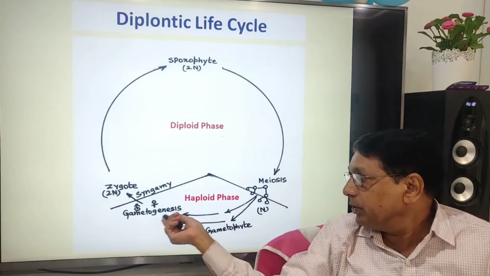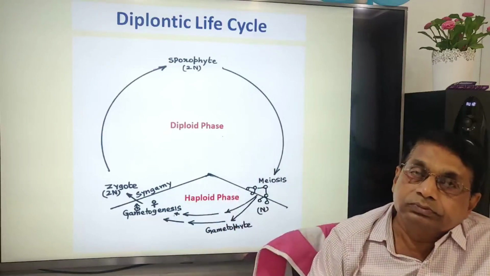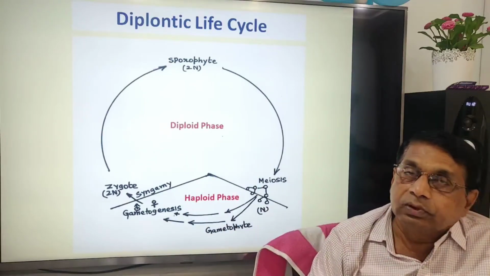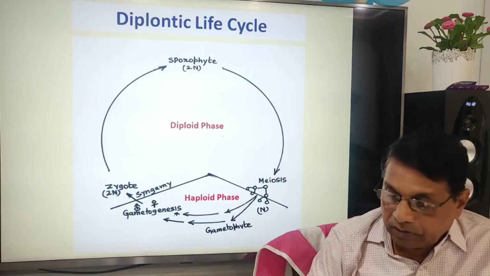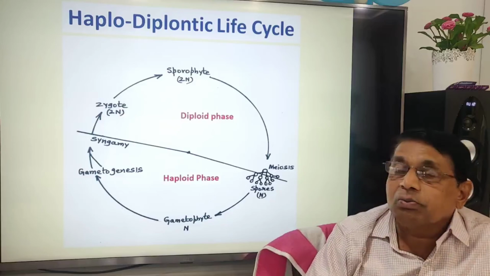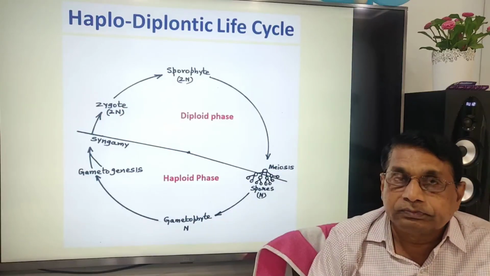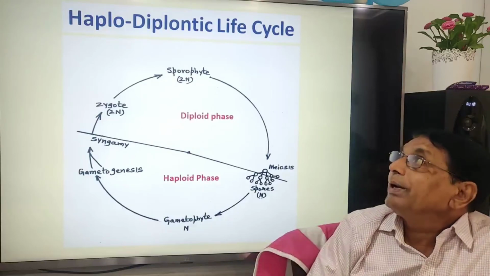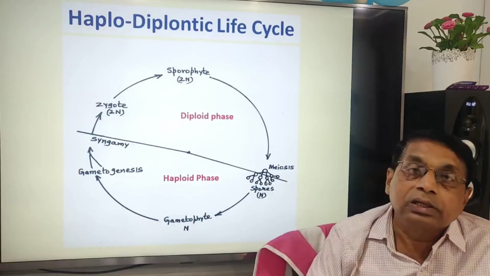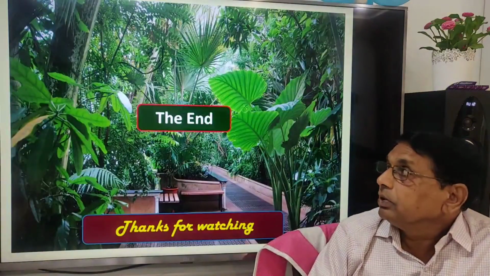The haploid phase is confined to gametes, gametophytes and gametes. Quite opposite to haplontic. Then third, haploid and diploid phases are almost equally distributed. Haplo-diplontic life cycle. This we find in bryophytes and pteridophytes.